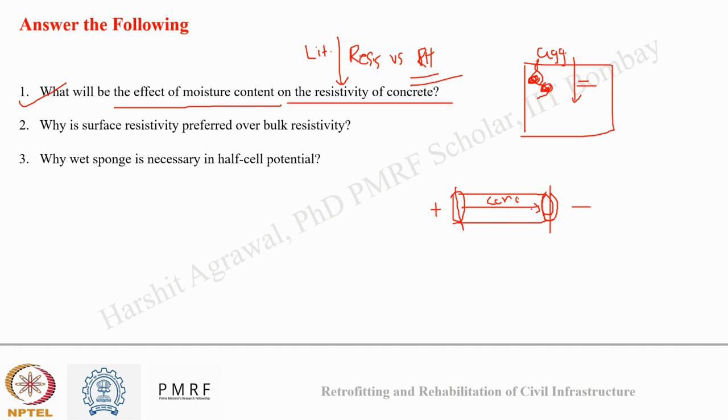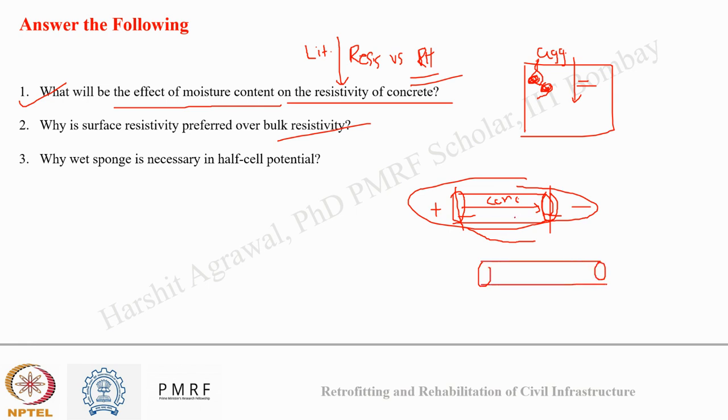Since it is an insulator, my signal strength may decrease as it goes from the positive terminal to the negative terminal, and thus it is not possible that every time I will be able to get a constant or repeated value when I do a bulk resistivity test, since it may hamper my signal strength and I may not be able to go for a larger core. Maybe the length of the core can also affect this reading, or everything can come into account in such cases. So that's why surface resistivity is preferred over bulk resistivity.